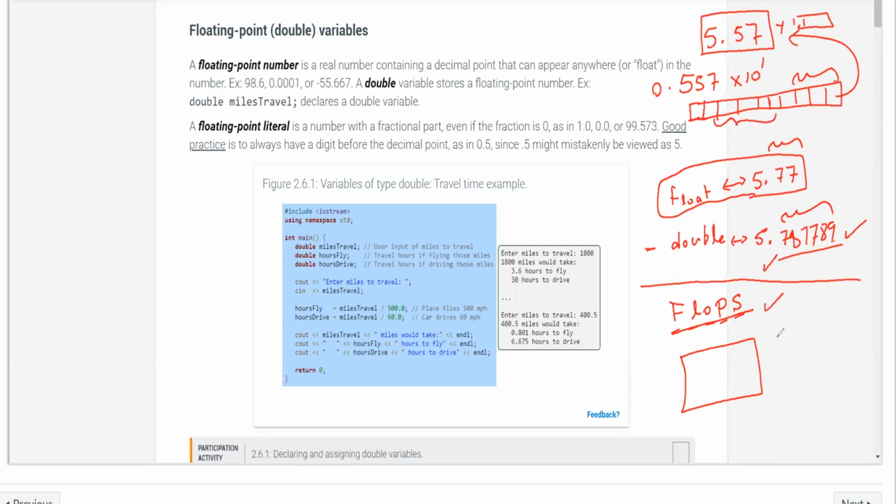So you may have heard gigaflops, megaflops, things like that, when it comes to processors. How many flops are executed is how you measure how good your processor is. If you can handle floating point numbers very fast, that means you have a good processor.